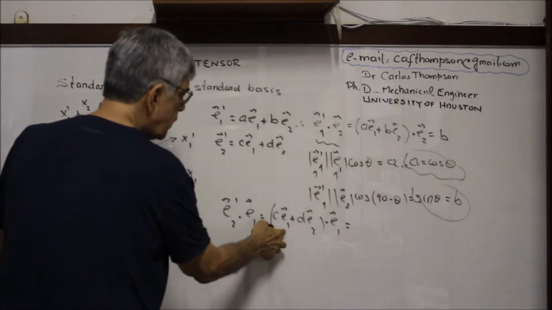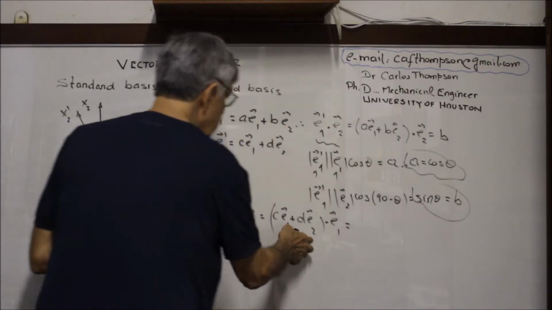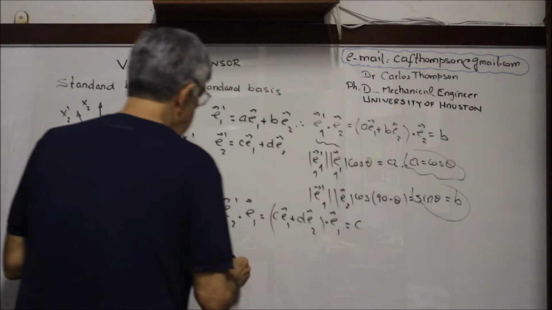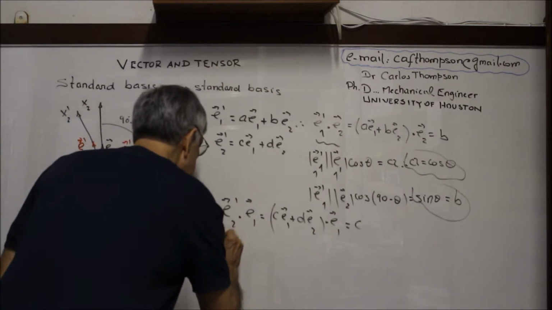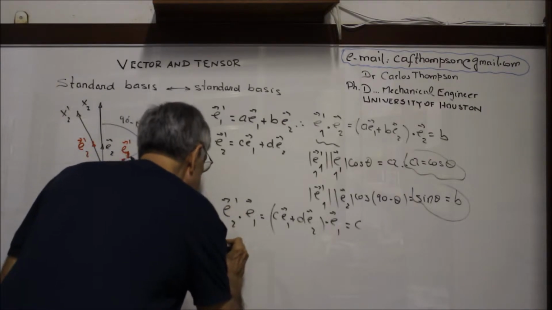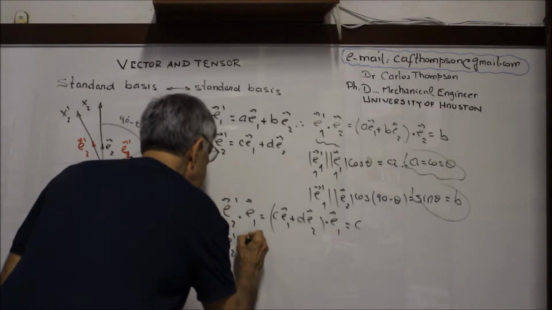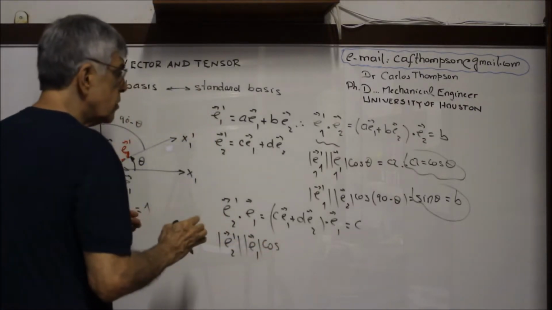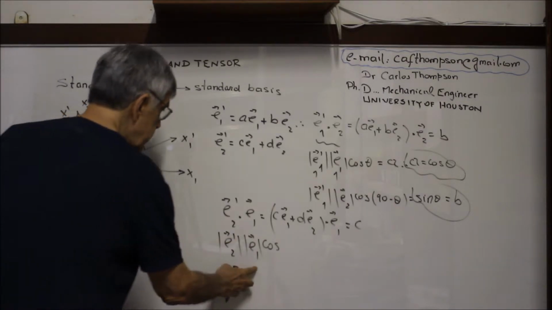So E1 dot E1 will be 1, E1 dot E2 will be 0, so this is equal to C. Now, here is the magnitude of E2 prime, the magnitude of E1, times the cosine of the angle between E2 prime and E1.